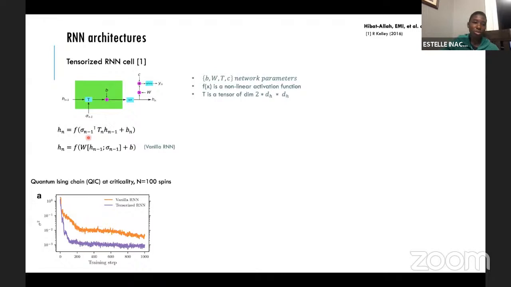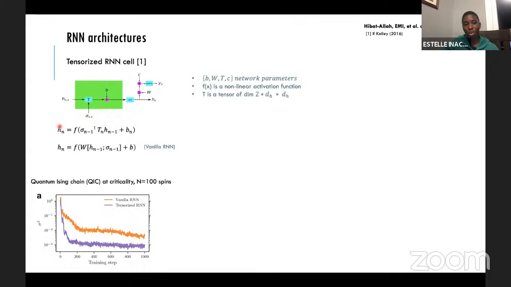The reason why we choose this is that it's a little bit inspired by tensor networks or MPS: here we have a local Hilbert space that interacts with the hidden state in a very compact way. And also we have this nonlinear activation function, whereas in the vanilla RNN, you just have a concatenation of them and they only interact via some sort of nonlinear activation function.